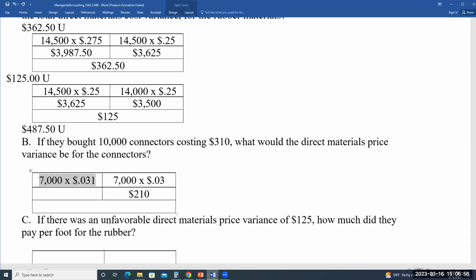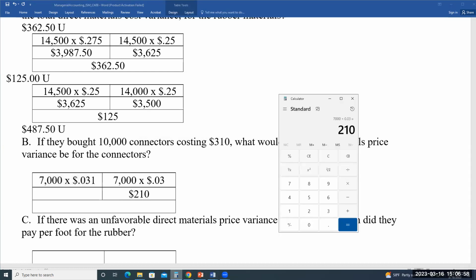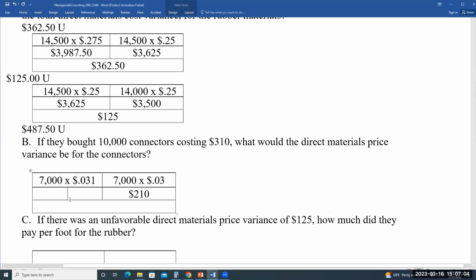Now we need to do this calculation over here. $217 minus 210 gives us a $7 unfavorable variance. Okay, any questions?